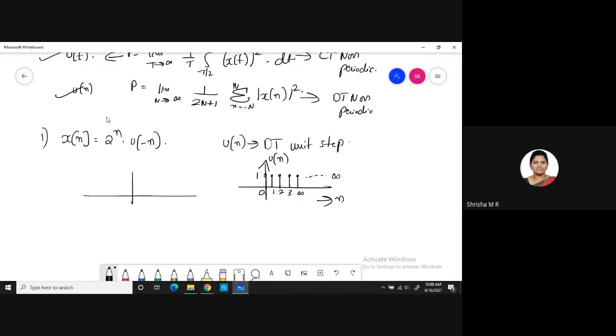So u of minus n will exist from 0 up to minus infinity, for negative values of n: n is equal to minus 1, minus 2, minus 3, minus 4, minus 5, and so on, with an amplitude 1. Clear, everyone?